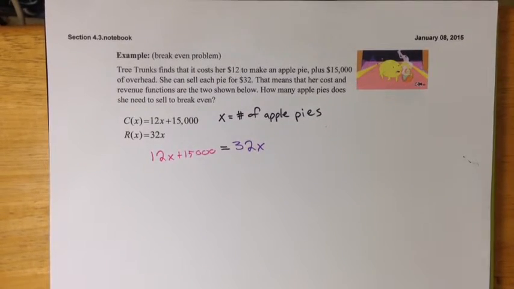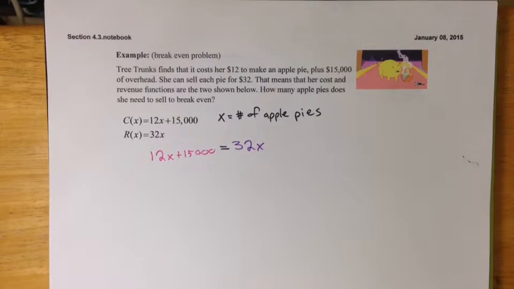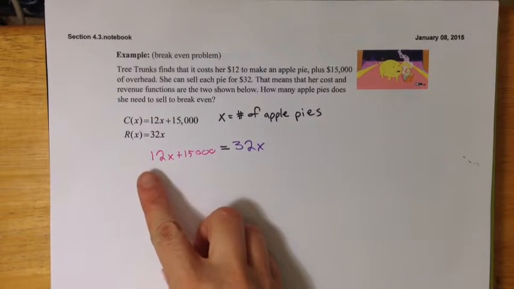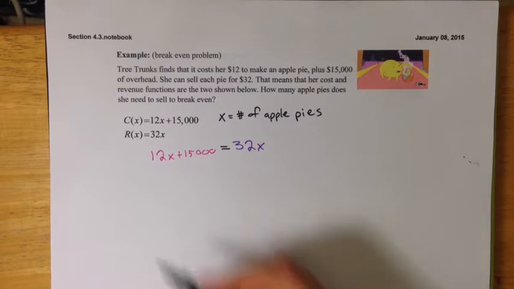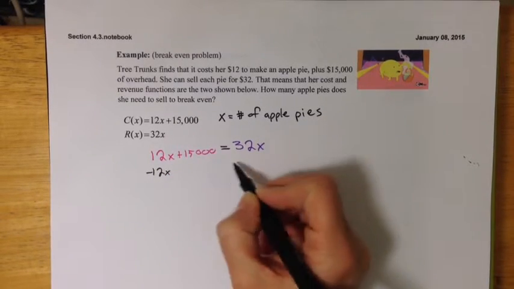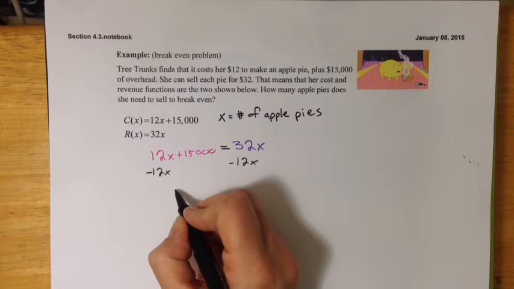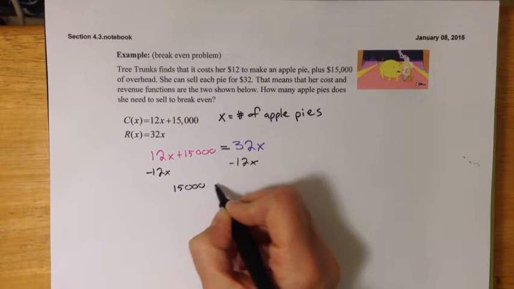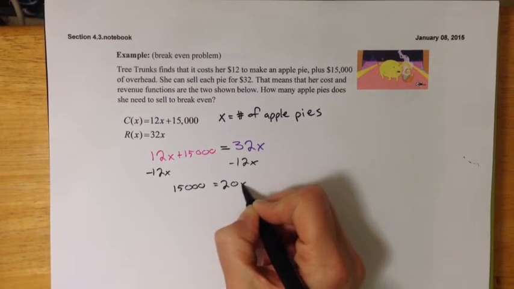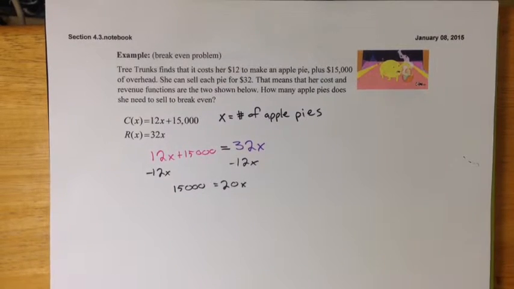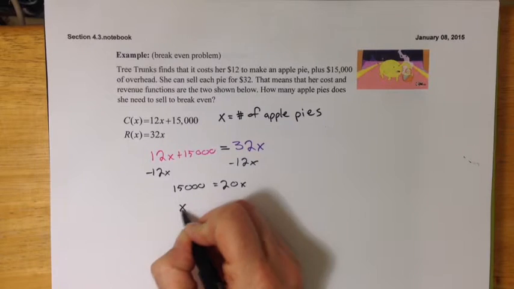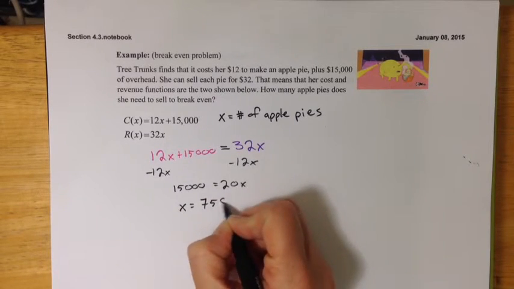Now I've got one nice equation that I can solve for x. So I'm going to go ahead and subtract the 12x to the other side, which gives me 15,000 equals 20x. Then I'll divide both sides by 20, which will tell me that x equals 750.